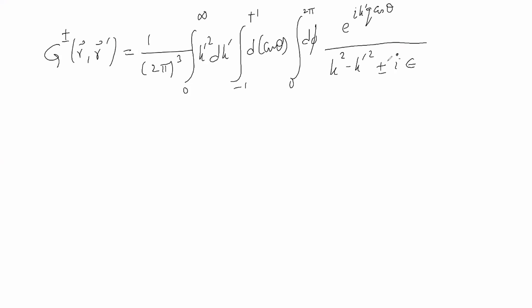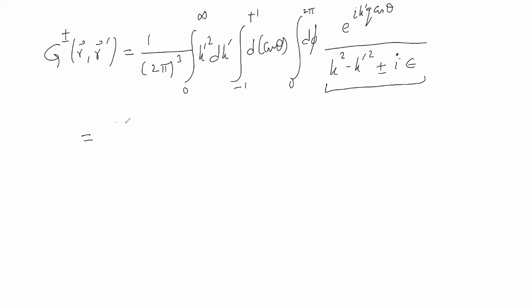That means we are supposed to solve this expression. Now, if you look at this expression, where is phi dependence? There is no phi dependence. Therefore, we can take 2 pi out, and here there is no theta dependence. Therefore, we can take this along with K prime square dK prime.